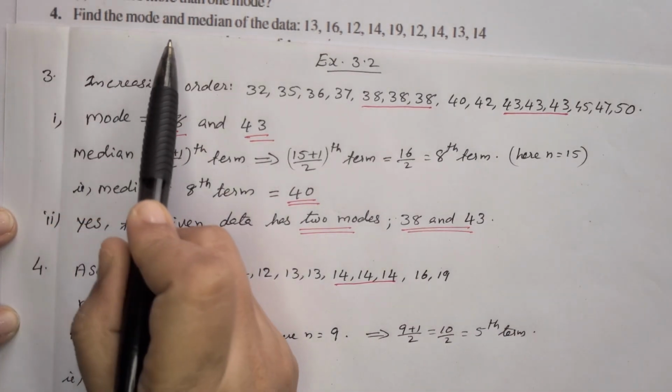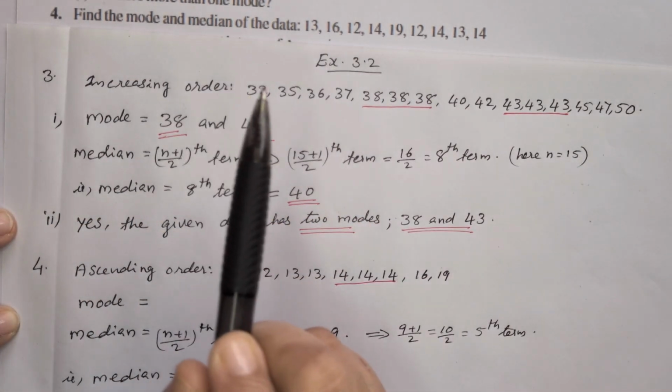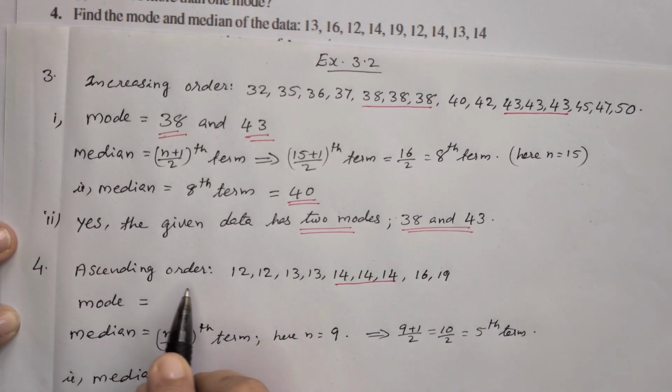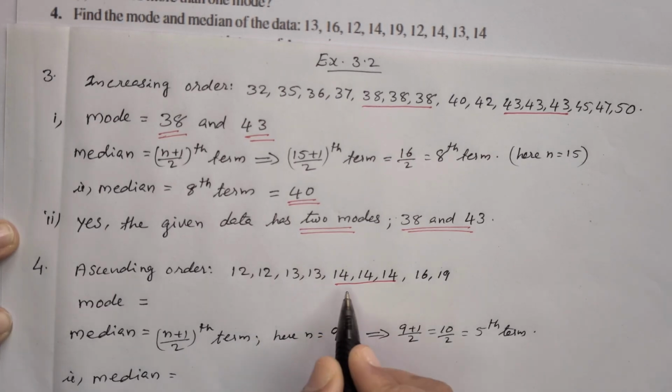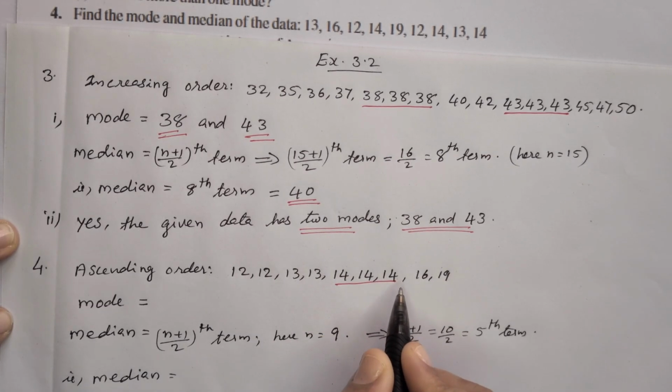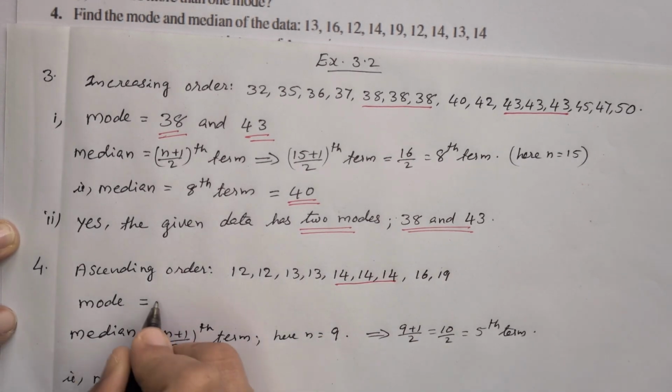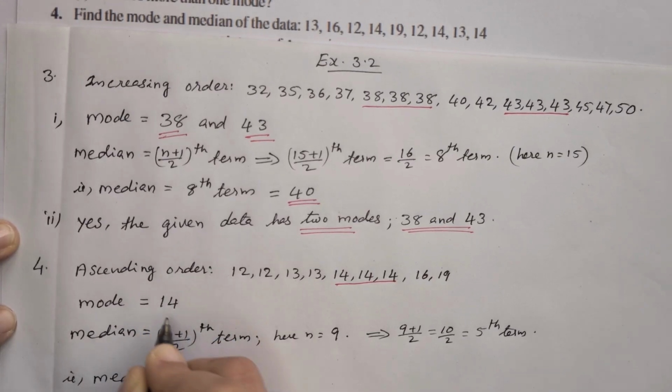Question number 4. Find the mode and median of the given data. First we arrange that in ascending order. Mode: 12 is repeating 2 times, 13 also 2 times, 14 is 3 times. So mode is equal to 14, the number repeated the maximum number of times.